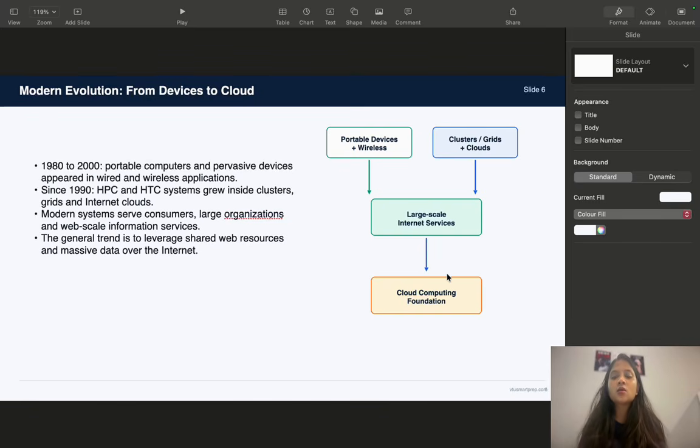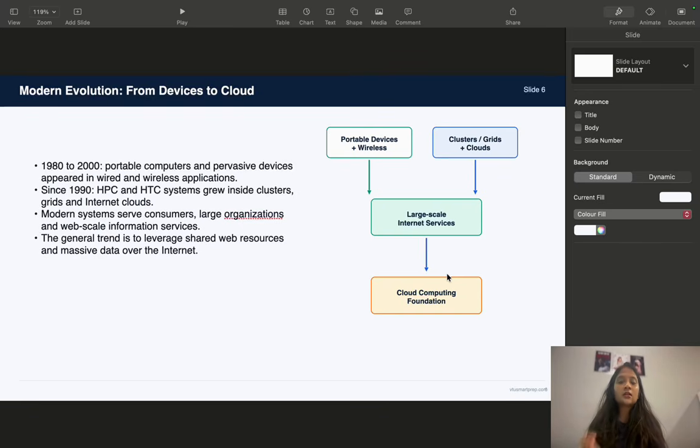This is how computing shifted from single machine computing to large scale distributed and cloud computing. From devices to cloud computing, it shifted because devices were supporting both wired and wireless applications.